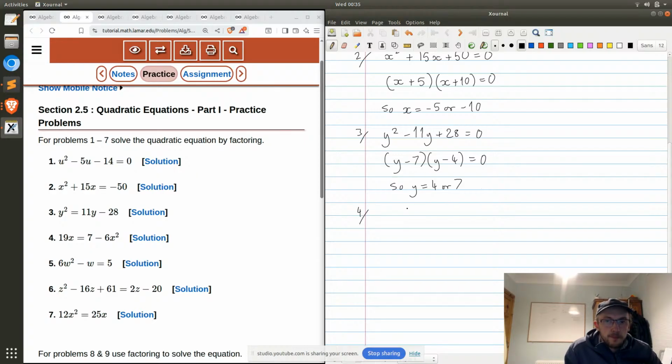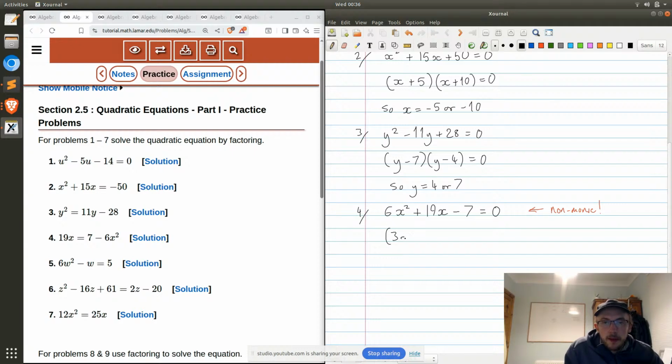Fourth, move 6x squared to the left and 7 as well. And now contend with this non-monic quadratic.